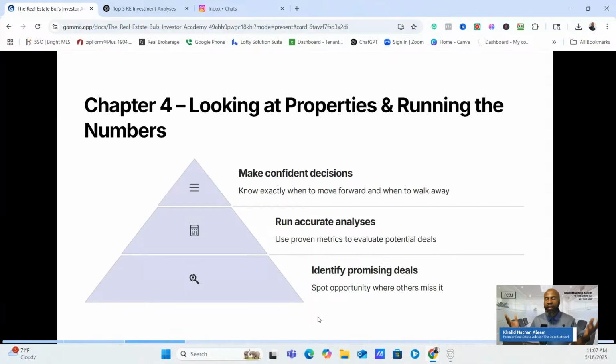And there are tried and true metrics that tell you move forward on this, look more into it, or run. And this will help you identify promising deals. You'll be able to spot opportunities when others miss, because there's a lot of beginners out there, and they can't see the forest for the trees, as they say.